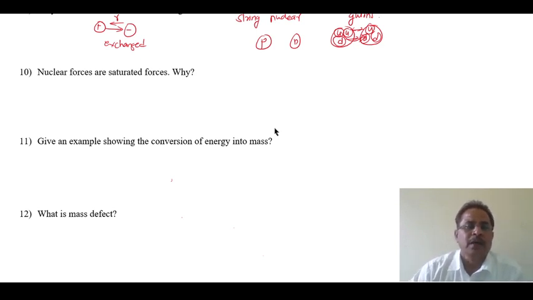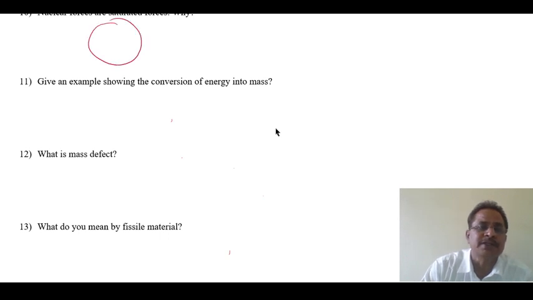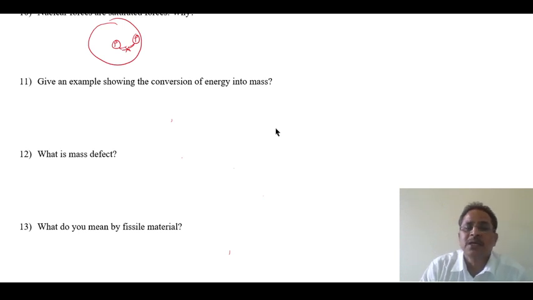Then question number 10: nuclear forces are saturated forces. Why? As I said earlier, in any nucleus, suppose this is a proton here and another proton on this boundary, there may not be an attractive force between these two, because at that distance these two protons may repel each other.